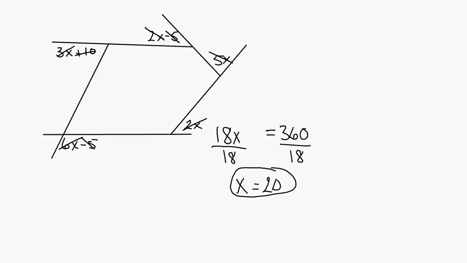So 2 times x, this exterior angle would be equal to 40 degrees. 5 times x, 100 degrees. 2 times x again is 40 minus 5, 35 degrees. 3 times x, 60 plus 10, 70 degrees. 6 times 20, 120 minus 5, 115 degrees.